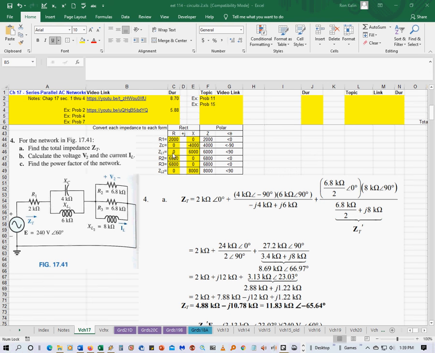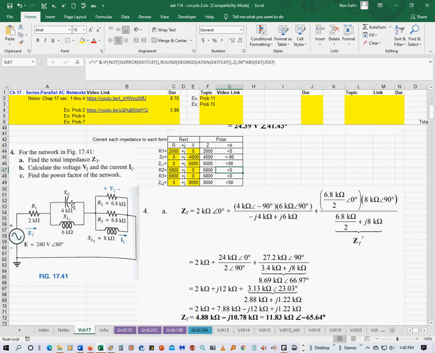ZL1 is 0 plus J6000 or 6000 angle 90. R2 is 6800 plus J0 or 6800 angle 0. R3 is the same thing. And then ZL2 is 0 plus J8000 or 8000 angle 90.